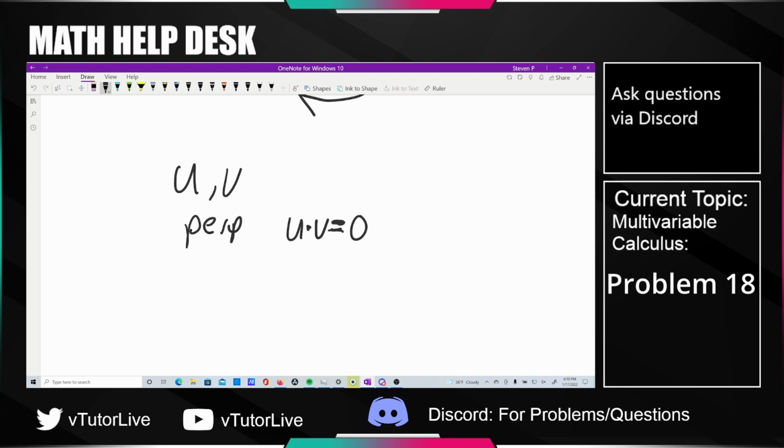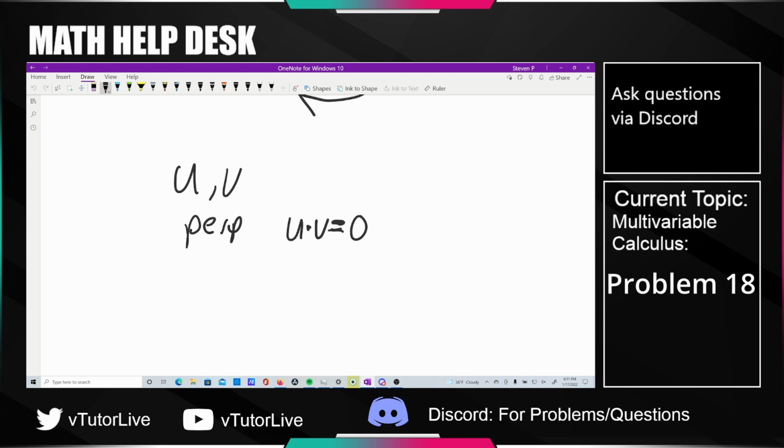Let's put it this way: it might be easier to start figuring out which ones are parallel, because if they're parallel, they're obviously not going to be perpendicular, right? That would let you rule out some pairings.